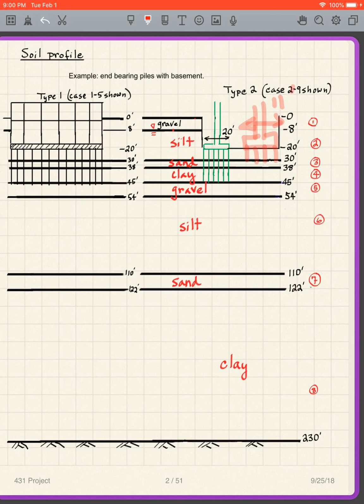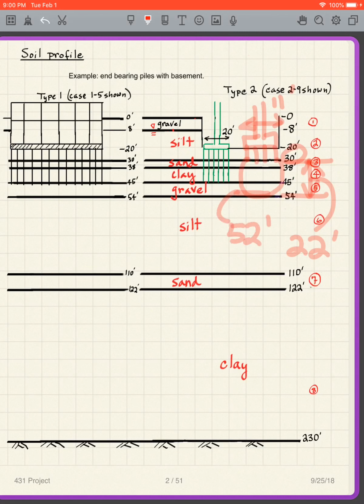Well, that means our pressure bulb goes down like that, which is this distance, 2 times 11, which is 22 feet. So this is at 30 feet, 30 plus 22, and the bottom of that is almost there, 52 feet.